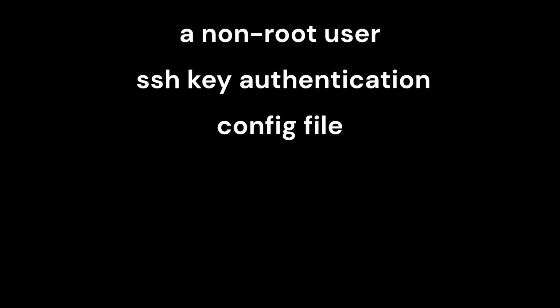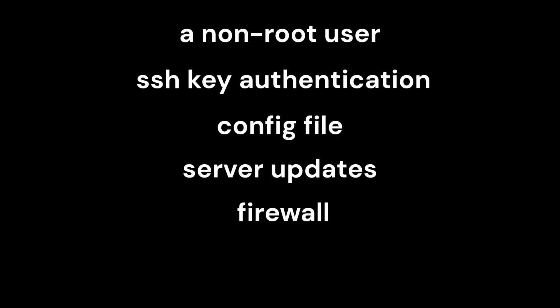SSH config file makes logging into your server using key authentication quick and easy. Server updates deal with ensuring all packages installed on the server are up to date. Implementing a firewall policy allows you to lock down and close any unused ports and services that are not being used. Fail2ban is an intrusion prevention framework that will protect your server from brute force attacks.